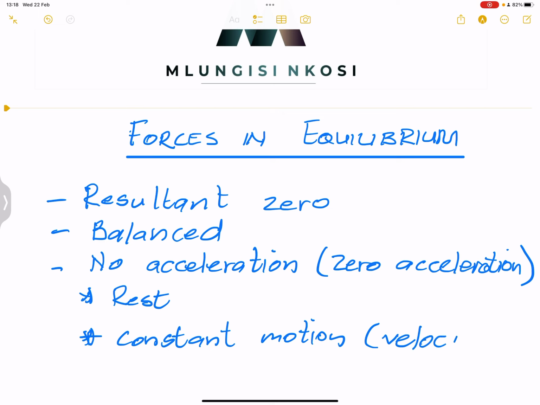Let's just reverse engineer the process. Once we talk about constant velocity, it simply means there is zero acceleration, and that means there is zero resultant force. So that's what we mean when we talk about forces at equilibrium.